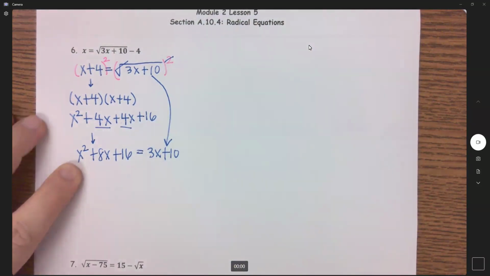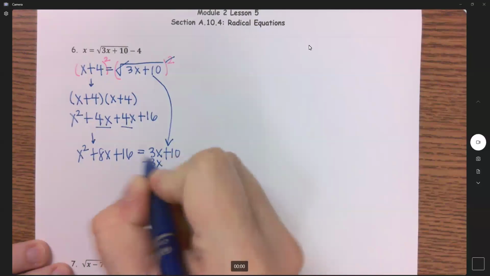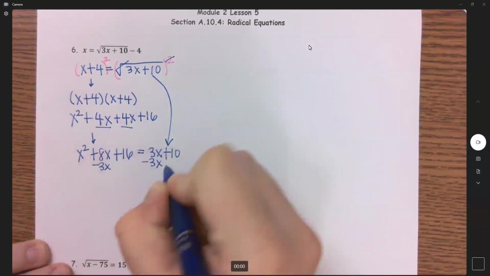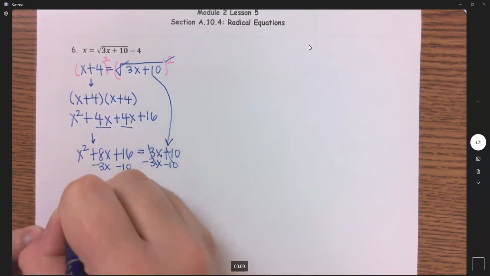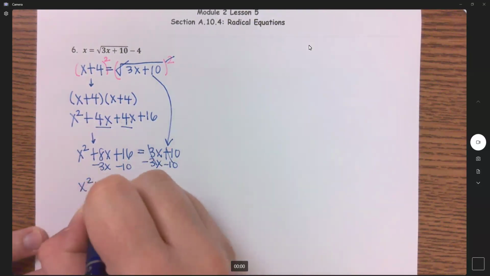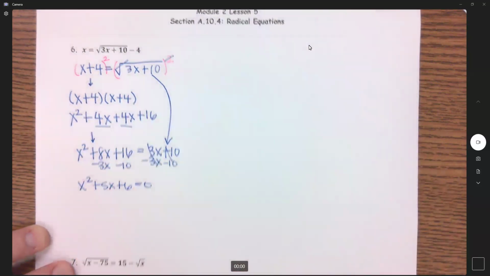Because of this x squared, we have a quadratic. So I need to get everything to one side. So I'm going to subtract my 3x over, as well as subtract my 10 over. So I have x squared plus 5x plus 6 equals 0.